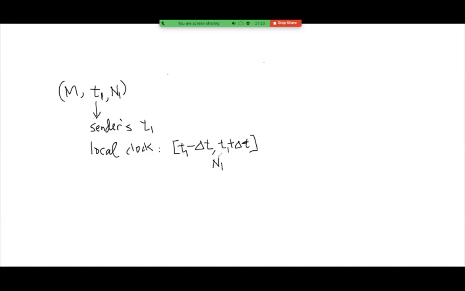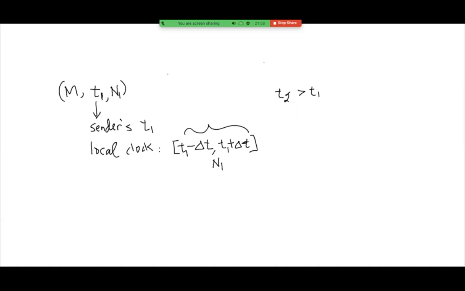So of course, when the time, let's call it T2. Let's say I got T2 here. T2 is greater than T1. Okay, so now in this range, I will need to keep this.